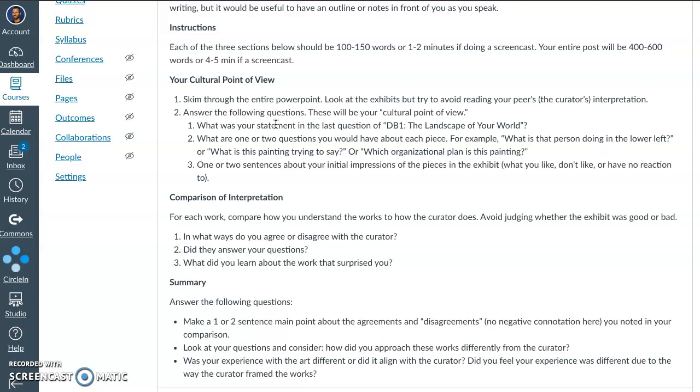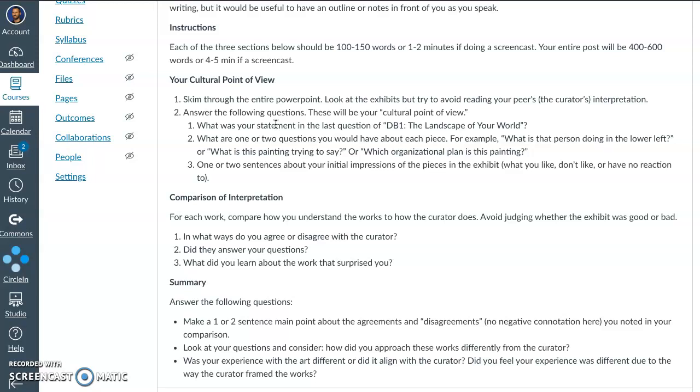In the next section, for each work, you're going to compare how you understand the works to how the curator understands them. And throughout the whole thing, you're never going to say this is a good exhibit or a bad exhibit. There's no evaluation here. This is a straight comparison of this person thought this, I thought this, and you can extract some meaning from that.